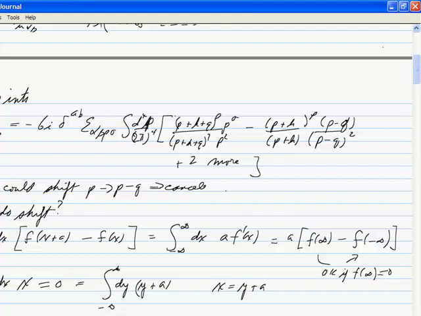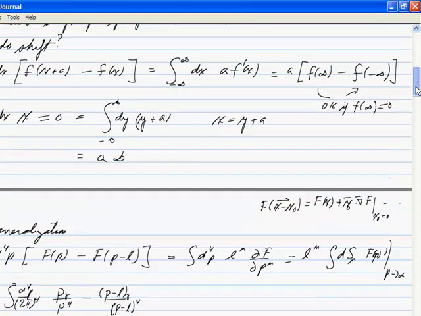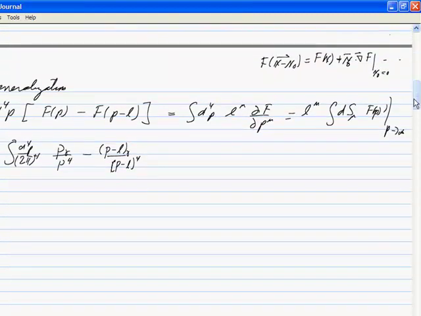What the large momentum is, it's something like that.